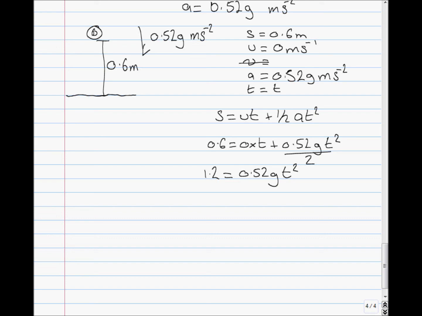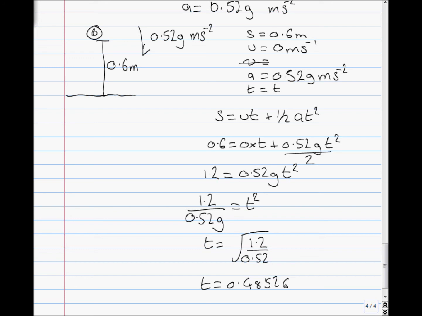Okay, so back to 1.2 over 0.52 G equals t squared. So t equals the square root of 1.2 over 0.52 G. So t equals 0.485261 and so on.